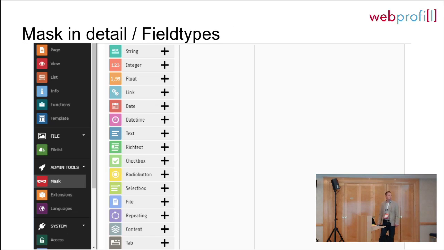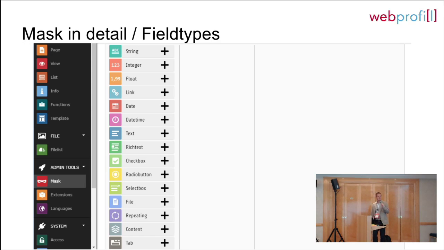These are the field types possible with Mask. I tell you in short, string is a regular text field, 1 line. Integer is for numbers, float for floating numbers, for prices, and so on. You can make a link field, and you can also make a lot of settings. For example, in the link field, you can set the tabs in the link wizard for external link, internal, email, and so on.